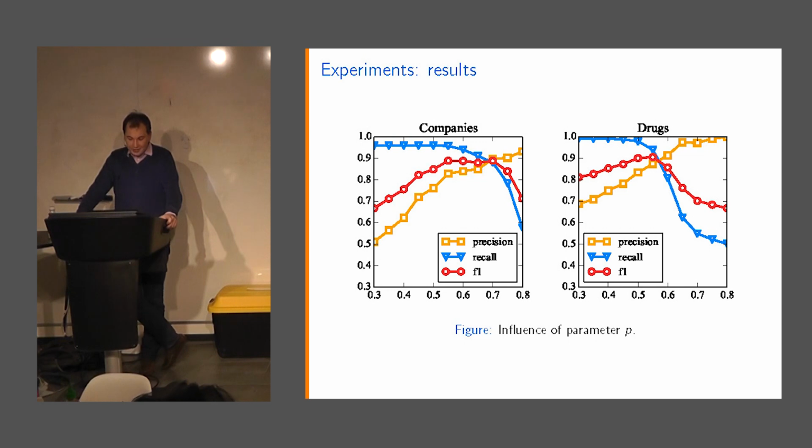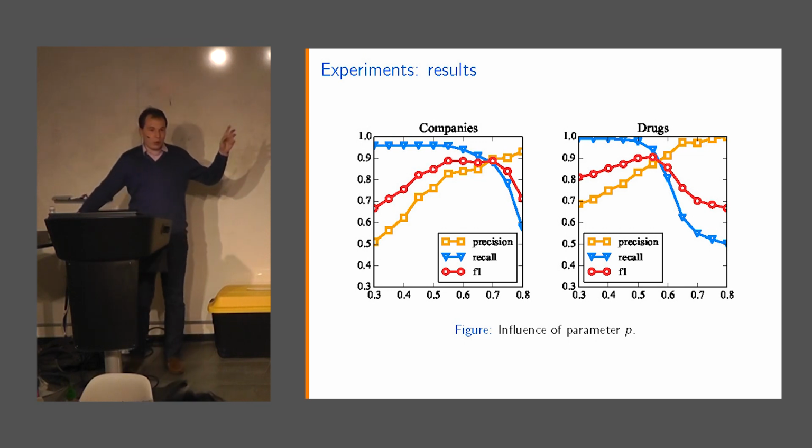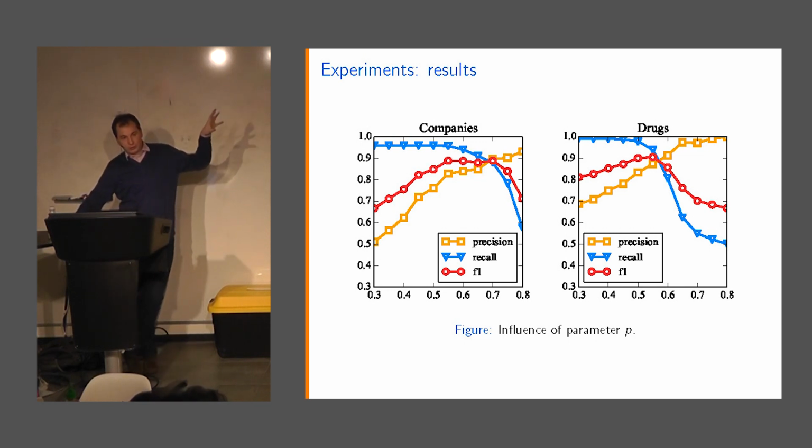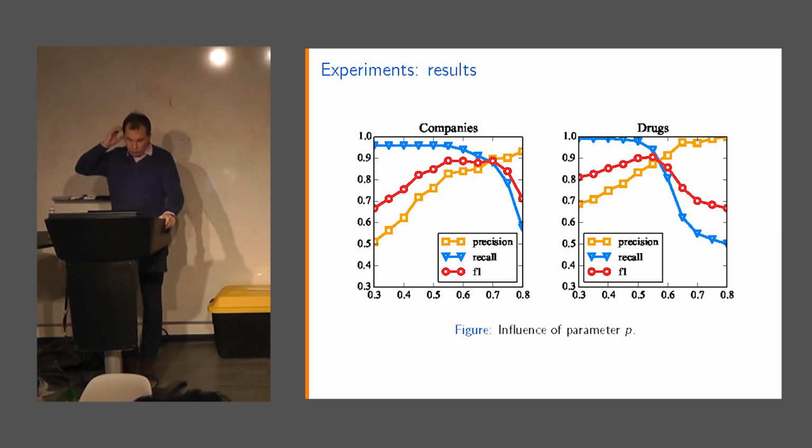That's a good question. Actually, for this experiment, there's only one classifier that is trained, a multi-class classifier, and so the P is the same for the two classes. And why is the effect different? I don't know.